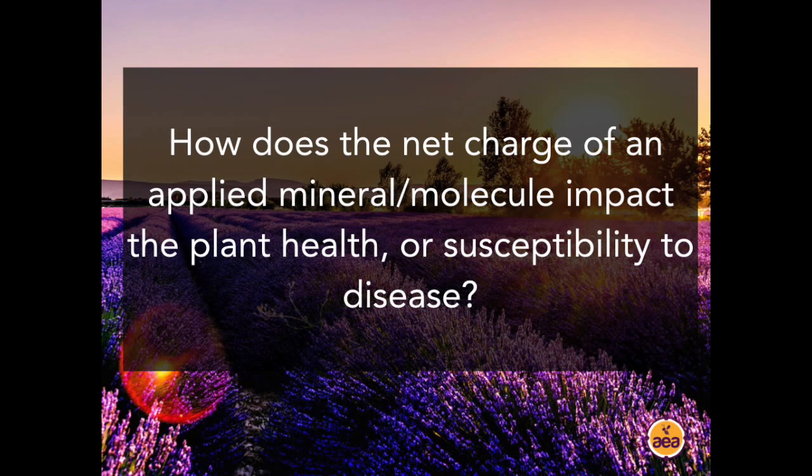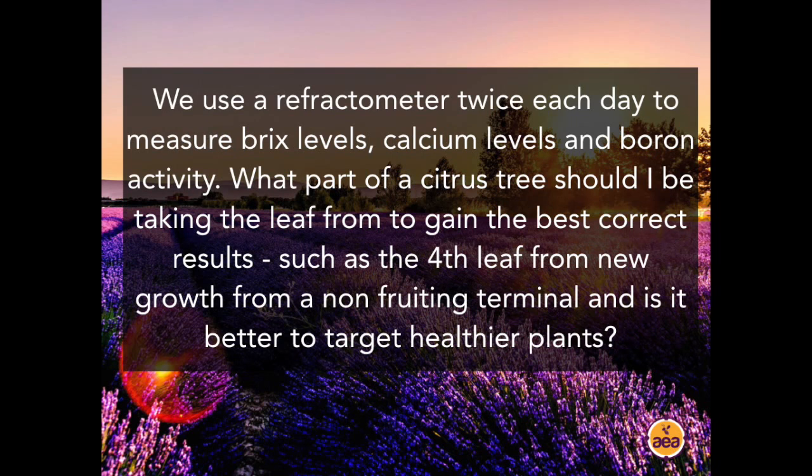Question from Malcolm. We use a refractometer twice each day to measure Brix levels and calcium levels and boron activity. What part of a citrus tree should I be taking the leaf from to gain the best correct results, such as the fourth leaf from the new growth from an unfruiting terminal? And is it better to target healthier plants?